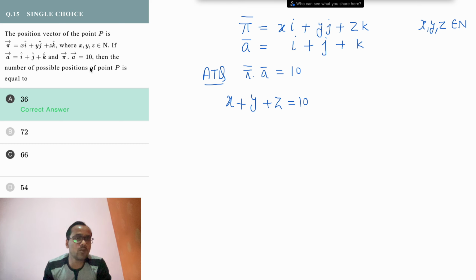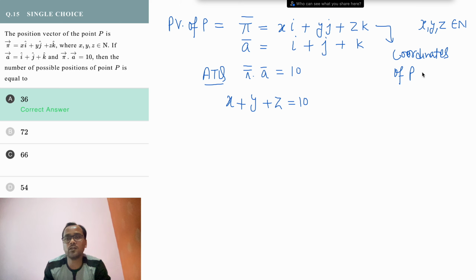Then the number of possible positions of point P is asked, which means we want to find the triplets x, y, z. Because if the position vector of point P is xi plus yj plus zk, that means the coordinates of P are x, y, z, and they are asking the number of possible positions of point P, that means the number of possible triplets x, y, z.